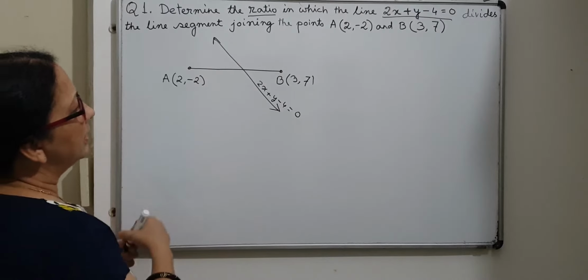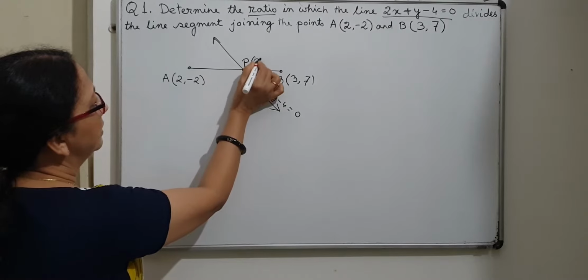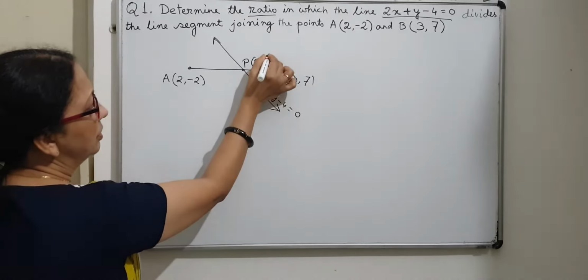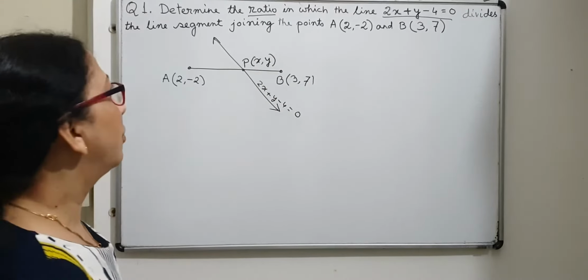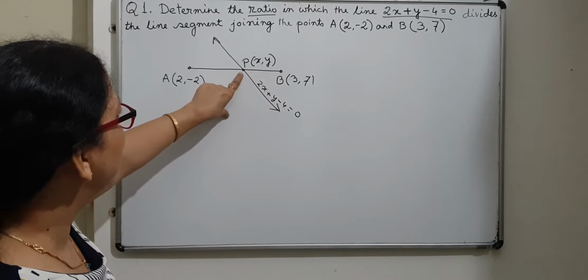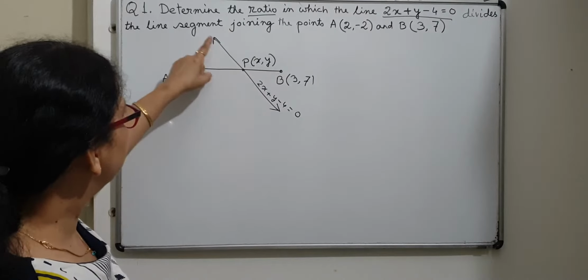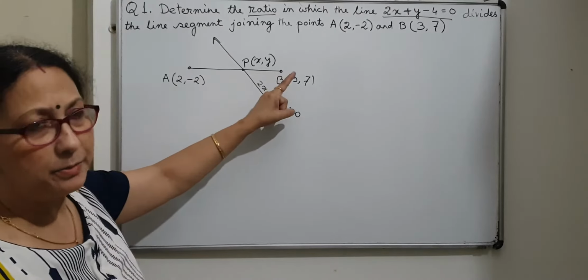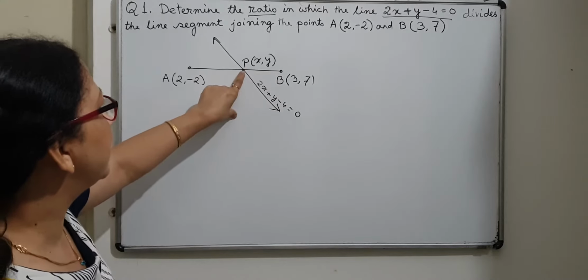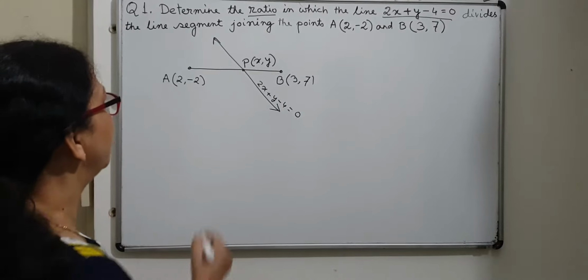So let the line divide AB at the point say P, and in coordinate geometry you always have to give the coordinates along with the point. So you write: let P be the point at which this line divides or intersects the line segment joining A and B, and also let this point P divide AB in the ratio k:1.